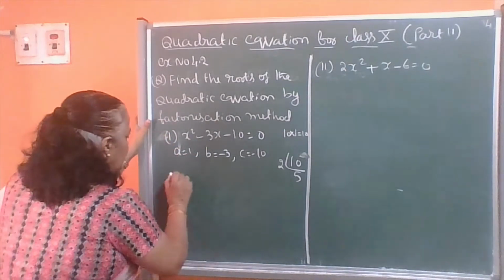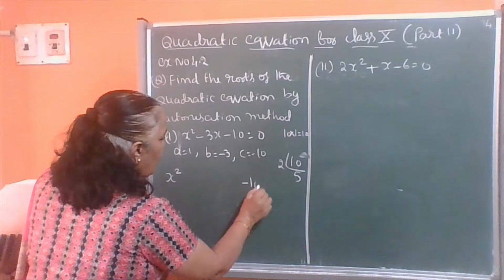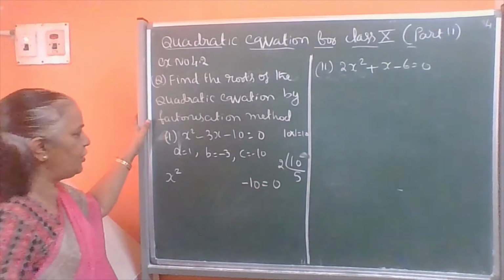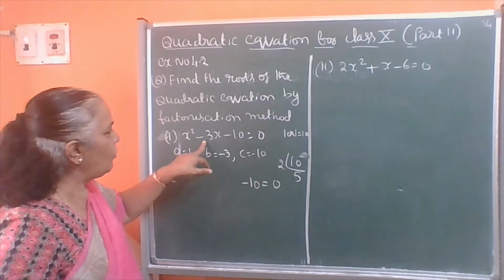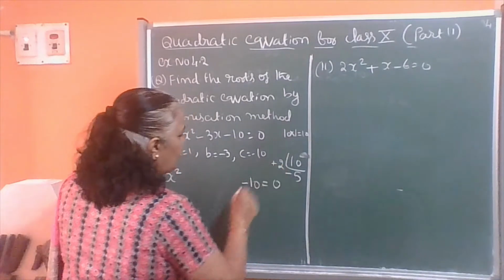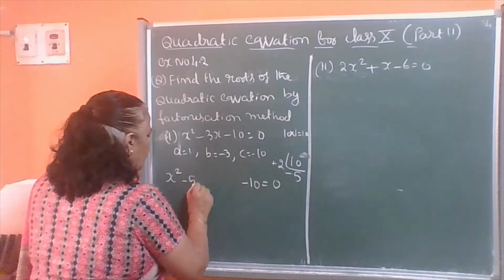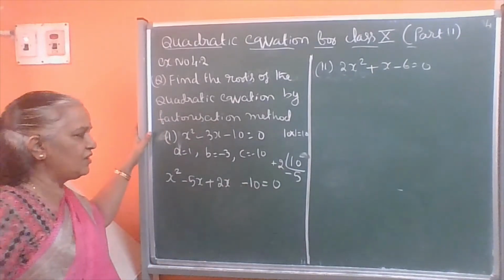The first term, x square, you write as it is, and minus 10 also you write as it is. Now you have to split the middle term. That means how do you get minus 3? With minus 5 and plus 2. That is minus 5x plus 2x minus 10 is equal to 0.